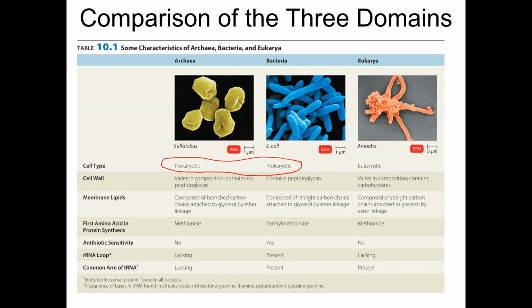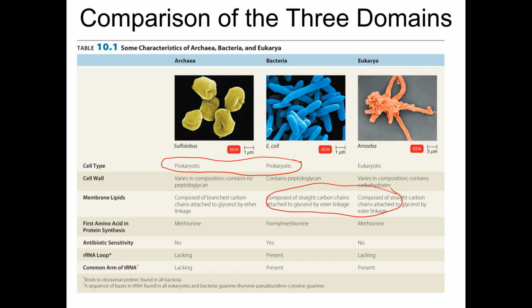So there's still overlap there. Cell wall type is different across the board, so there's no sharing there. Membrane lipids are kind of a funny area because here the overlap is maintained between eukaryotes and bacteria. They're phospholipid bilayers for both. Archaeans, for the most part, have their own distinct membrane type.